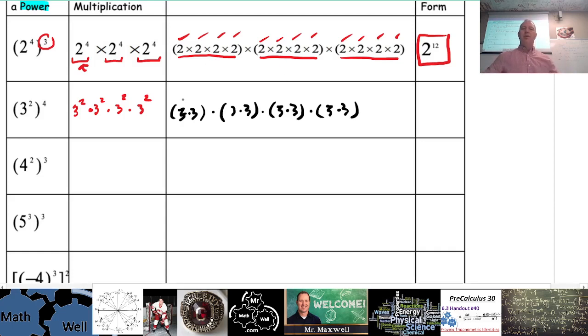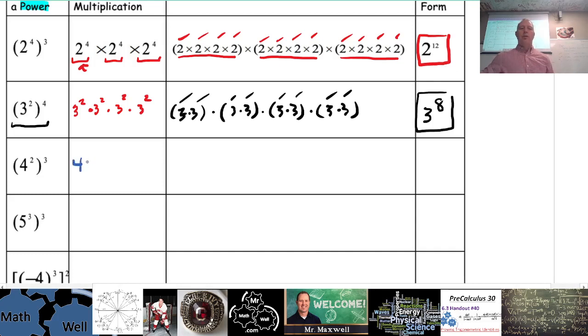So if we count all these 3's, 1, 2, 3, 4, 5, 6, 7, 8, that's 3 to the power of 8. So 3 squared to the power of 4 is 3 to the power of 8, just like 2 to the 4th to the power of 3 is 2 to the power of 12. Let's keep going. You might be seeing a pattern arise.